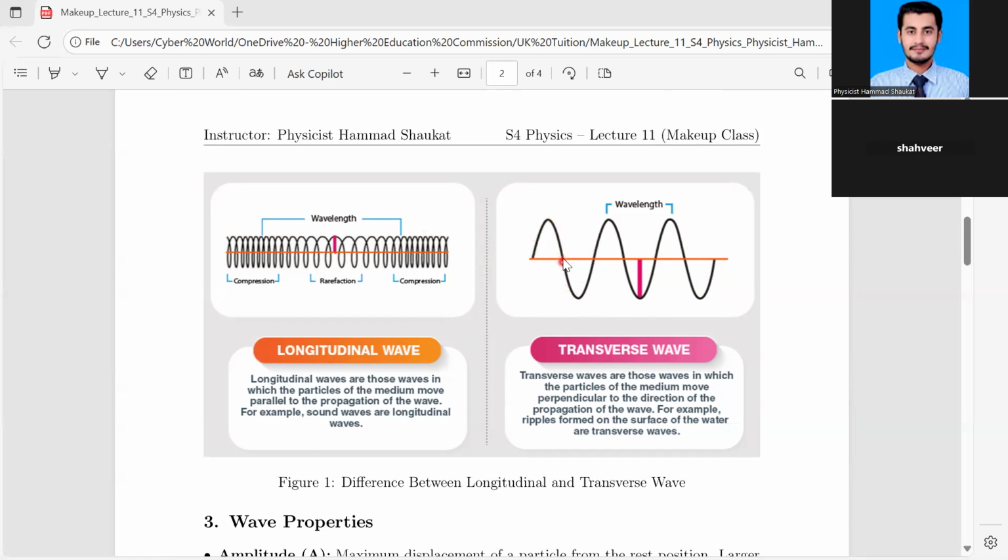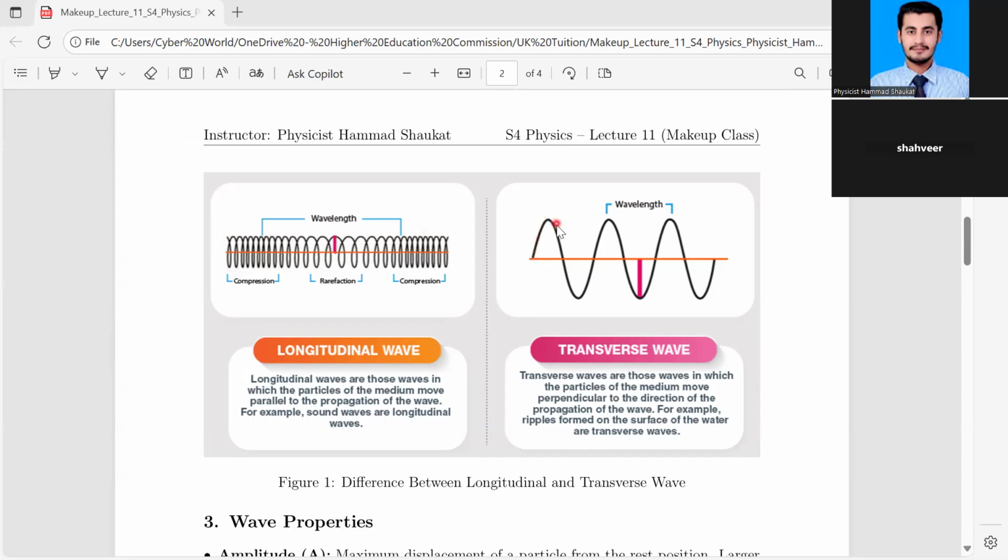This upper peak is known as the crest, and this lower peak is known as the trough. Each wave consists of one crest and one trough. So when one crest and one trough complete, then one wave completes.